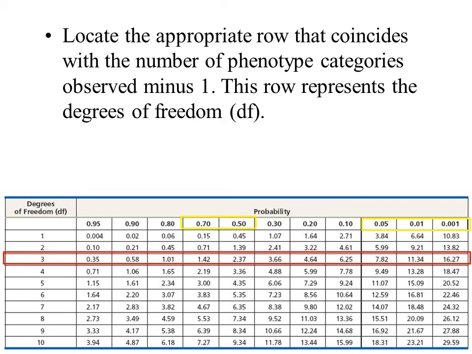We will locate the appropriate row that coincides with the number of phenotype categories minus 1. So our phenotype categories observed were 4. So 4 minus 1 is 3. So we will use the row that coincides with degrees of freedom 3.